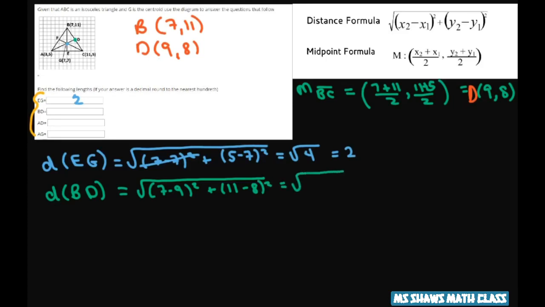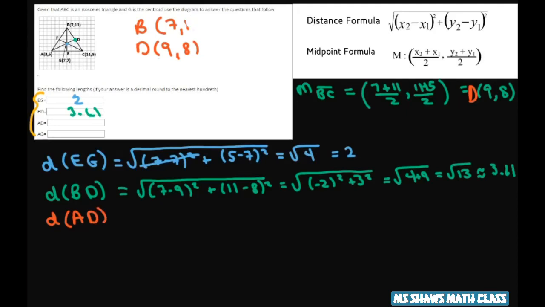That gives you negative 2 squared plus 3 squared, which is square root of 4 plus 9, which is square root of 13, which is approximately, when you round it, 3.61. So this is 3.61.